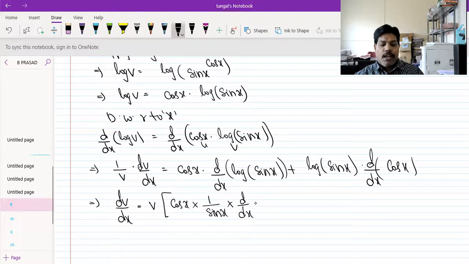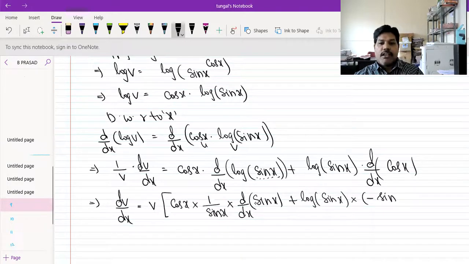Because the derivative of log f of x is 1 by f of x into the derivative of f of x. Plus log of sin x into the derivative of cos x. The derivative of cos is nothing but minus sin x.